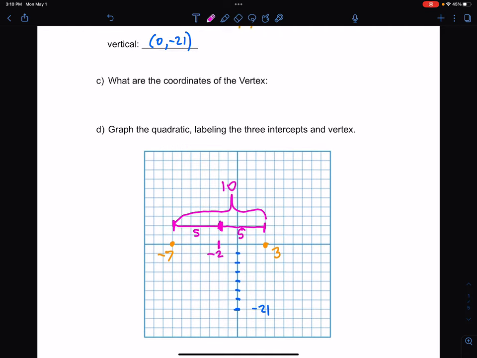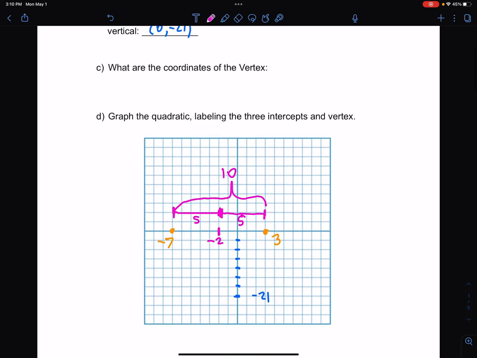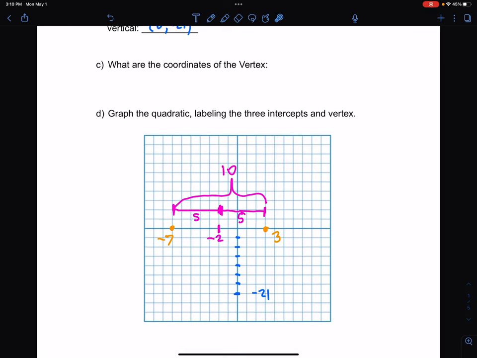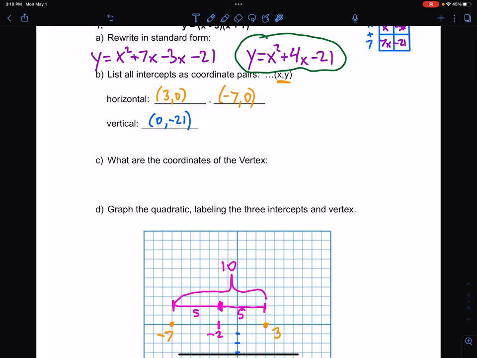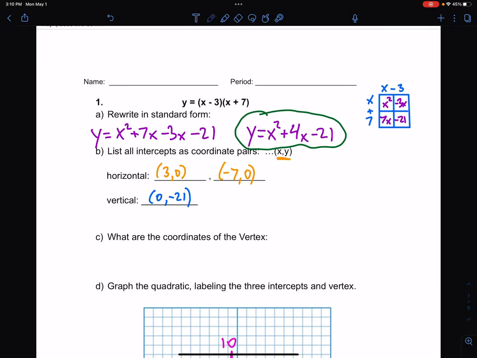We can find the x value by looking right in the middle. But we need to find the y value because I'm not sure how far down to put this thing, right? I know it's going to be when x equals negative 2, but I'm not sure what the y value is. So we're going to plug negative 2 in for x up here. And you know where I like to plug it in? To this part right here, negative 2.